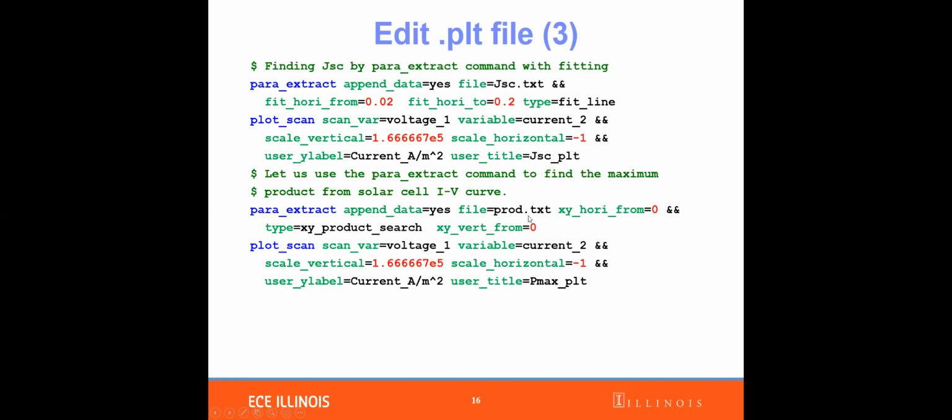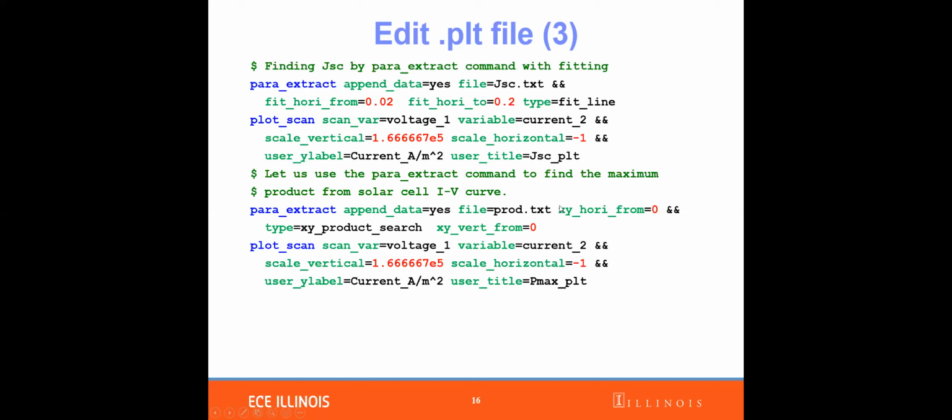And then we want to extract the product of the voltage and the current density. We want to find the maximum value. So we use parameter extract, append data equals to yes. We store the product, we can call it the maximum optical power, the maximum electric power, in this file.